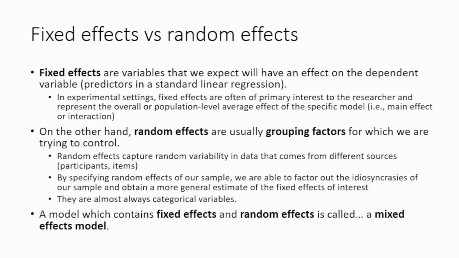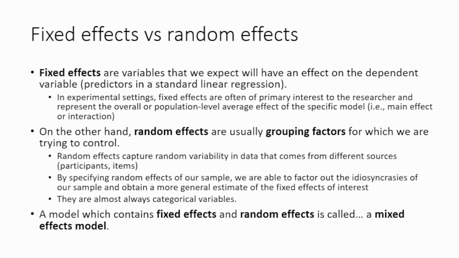By specifying random effects of our sample, we're able to factor out some of the idiosyncrasies of our sample and obtain a more general estimate of the fixed effects of interest. By removing some sample-specific variance, it allows us to have a much broader interpretation and application of the model.